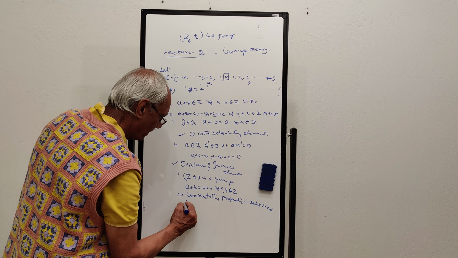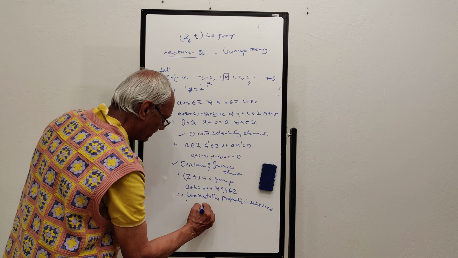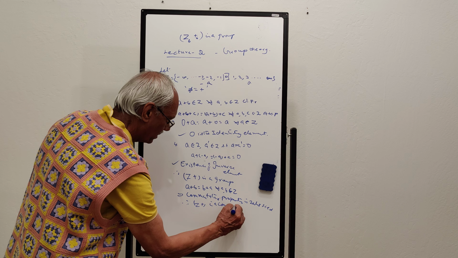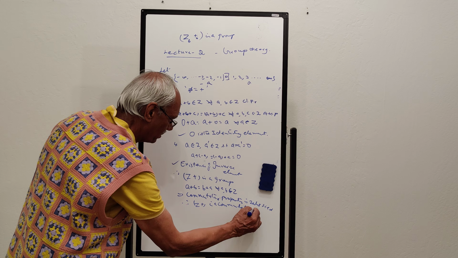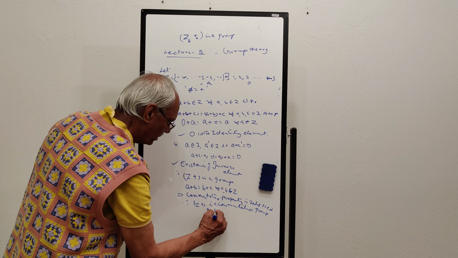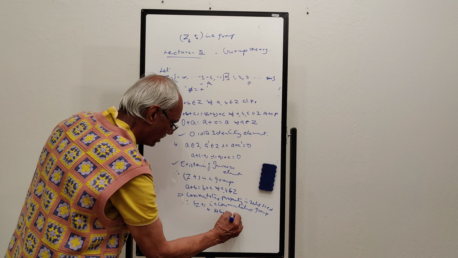Therefore, Z plus is a commutative group, or abelian group.